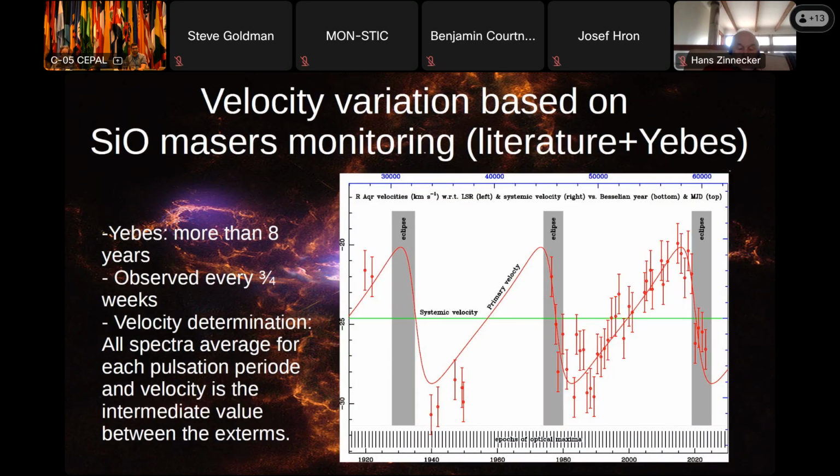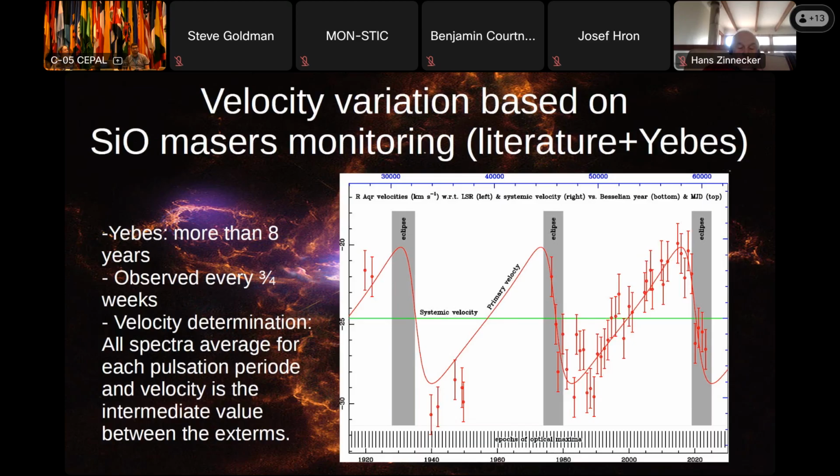we have a monitoring of SiO maser for more than 20 years. And the last one is done by Miguel for now 8 years. He observed every 3-4 weeks. And so here we have at the bottom, each tick is the maximum of the AGB.